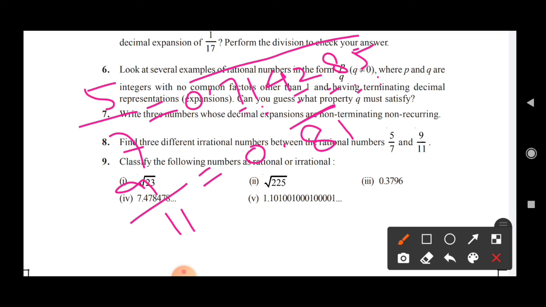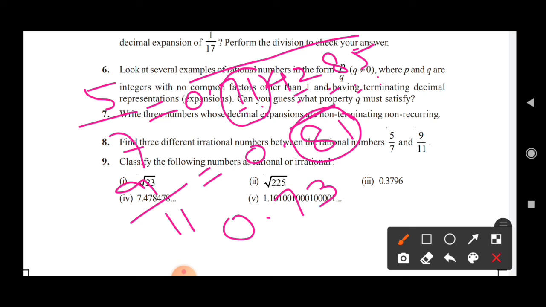But this question is to find 3 different irrational numbers between the rational numbers 5 by 7 and 9 by 11. So you can write any irrational numbers between these two rational numbers, suppose this one. You just have to put a number which is more than 0.71 but less than 0.81. Suppose example 1 is 0.73.